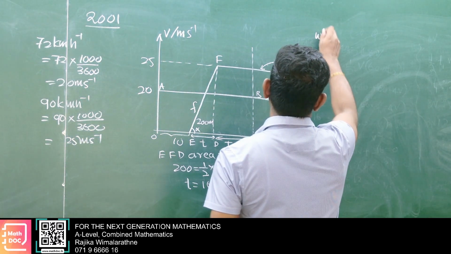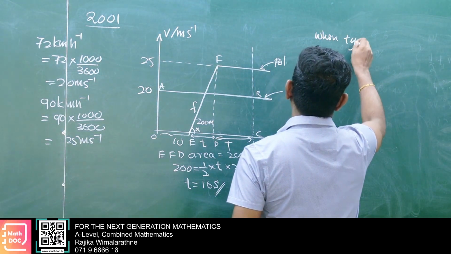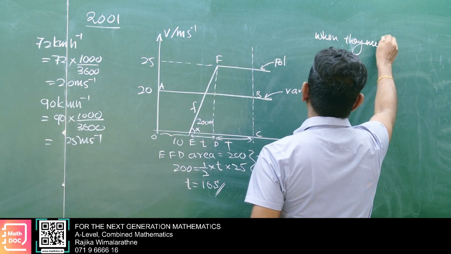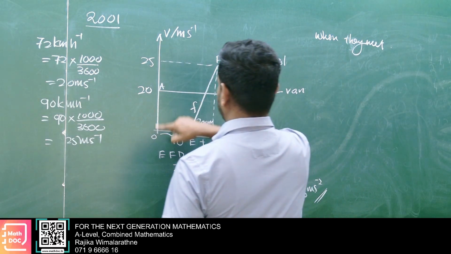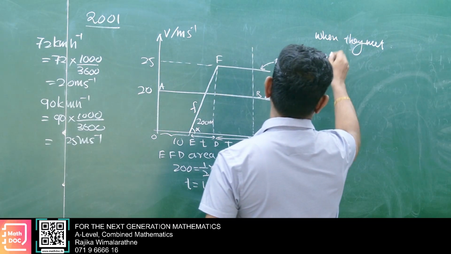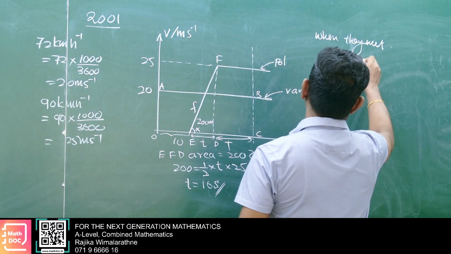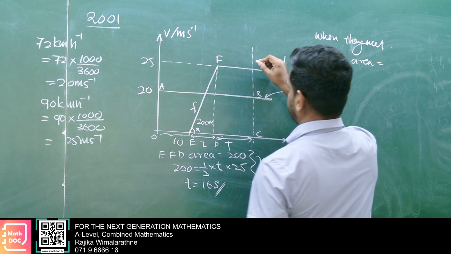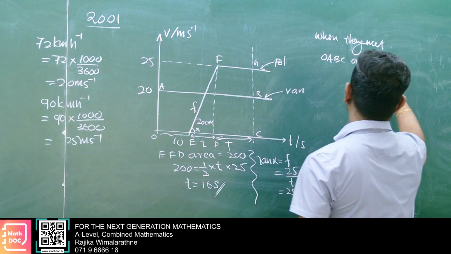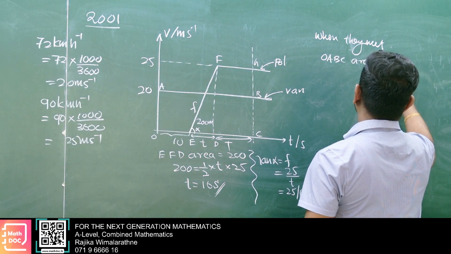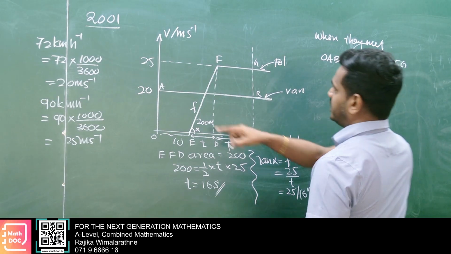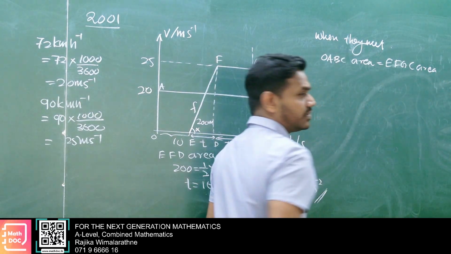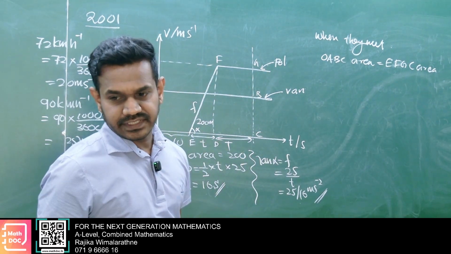So when they meet, here the OABC area equals the EFGC area. No? When they meet, their displacement must be the same.